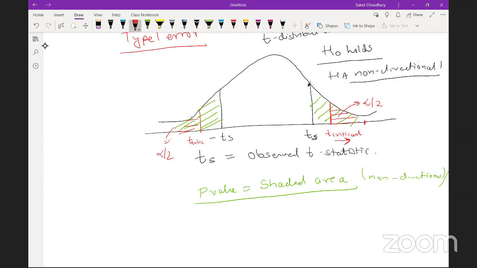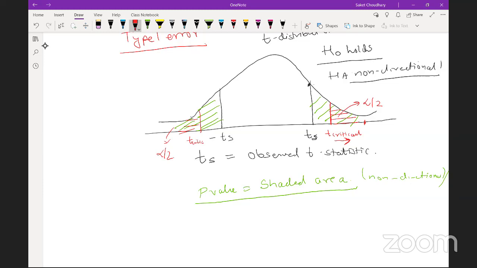Why? Because the density here of this curve is very small, and as such the probability of observing this is very little.